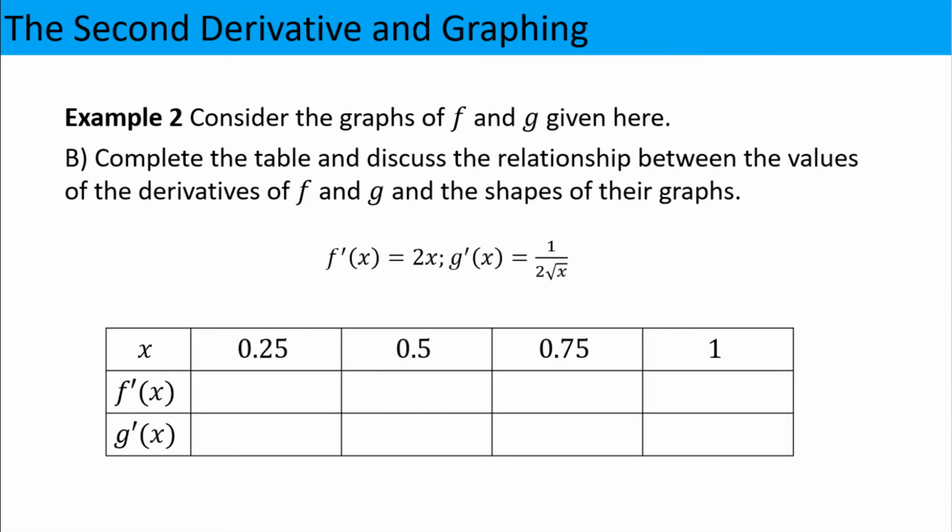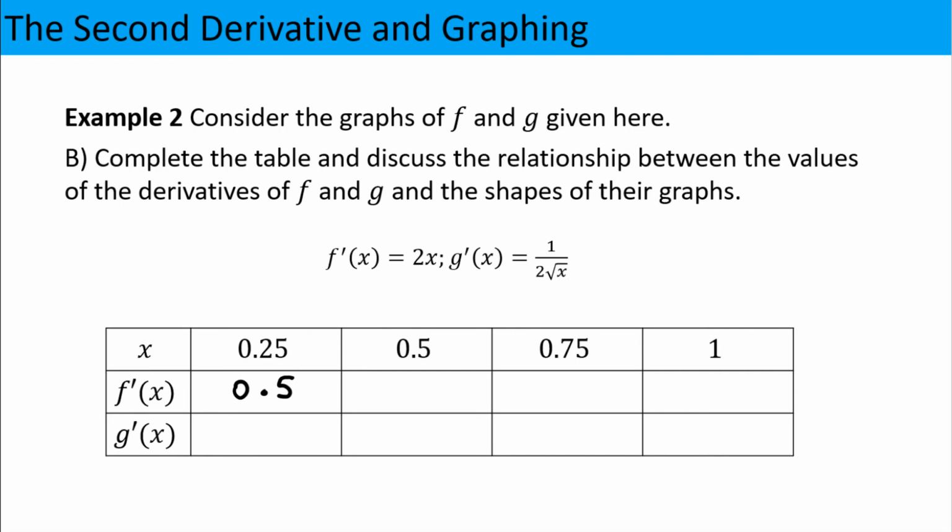Now, part B. Complete the table and discuss the relationship between the values of the derivatives of f and g and the shapes of their graphs. The derivative of f of x, which was x squared, is 2x, and the derivative of g of x, which was the square root of x, is 1 over 2 times the square root of x. Let's evaluate the derivatives at each of the given x values. So at x equals 0.25, the derivative, 2 times 0.25, is going to be 0.5.